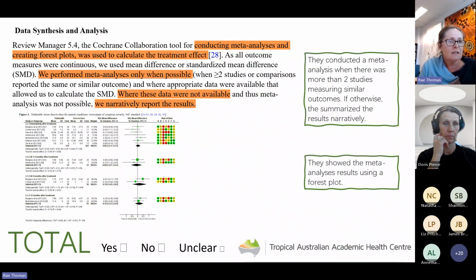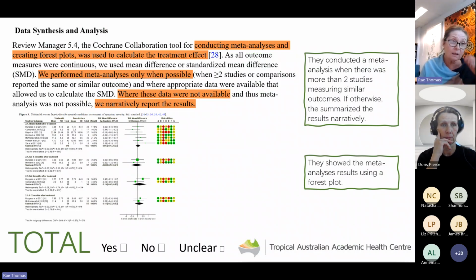Again, in their data synthesis and analysis section, I found that they said they conducted meta-analyses and created forest plots to calculate treatment effects. They performed meta-analyses only when they could. That means there had to be more than 2 studies that compare the same or similar outcomes, and where appropriate data was available. And when they were not available, when they couldn't compare it numerically in a meta-analysis, they told me that they narratively summarized the results.